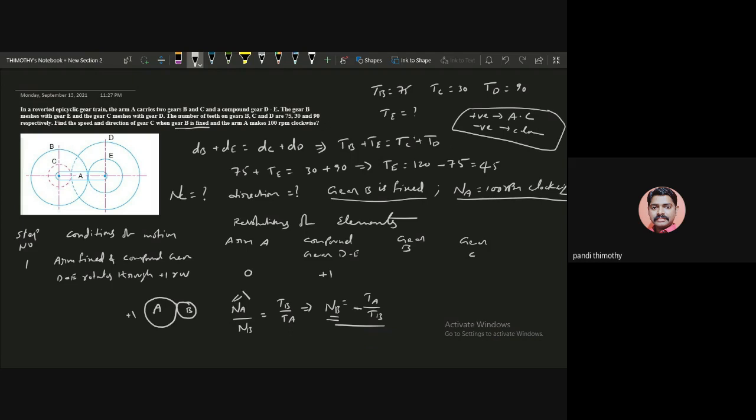For example, if A is rotating in anti-clockwise direction, then B will rotate in clockwise direction.